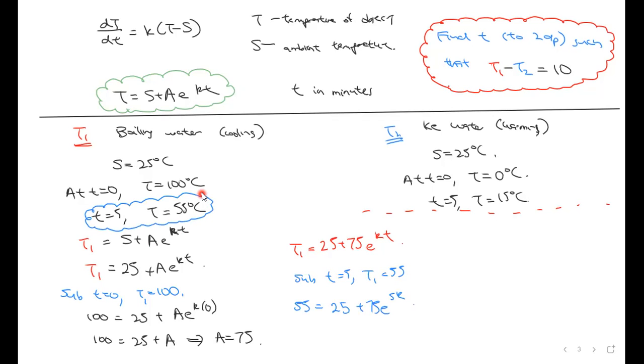So take the 25 across, we'll get 30, divide by 75. So basically we'll get 30 over 75 equals e to the 5k. Take the log of both sides.